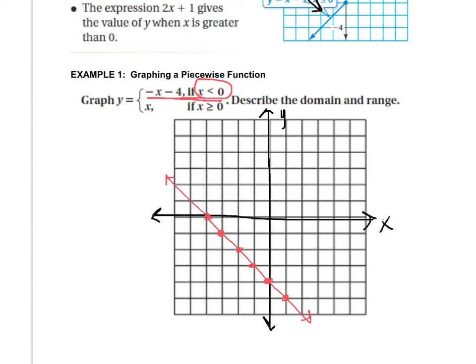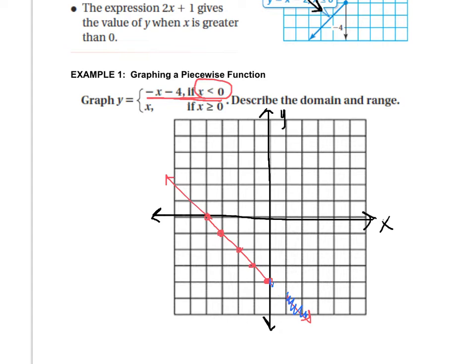Don't label it yet. But what this is saying is that the only points that matter to me are the ones where the x value is less than 0. So I don't care about this whole section right here. And technically, I also don't care about the 0. This whole section I want to erase because the only values that matter to me are where the x value is negative. Remember, x value is the horizontal.